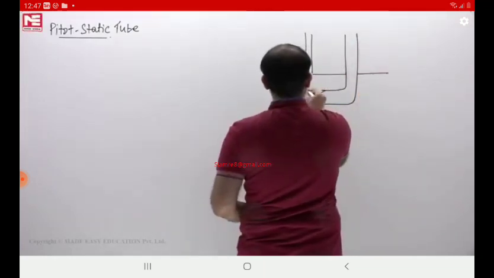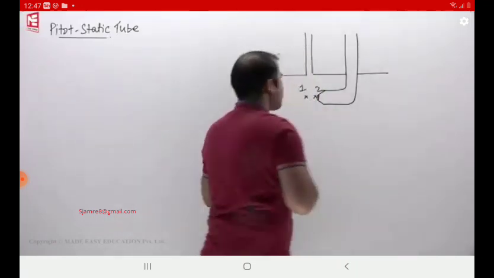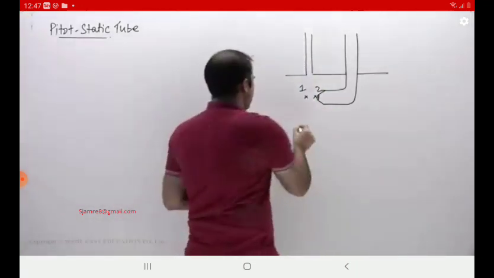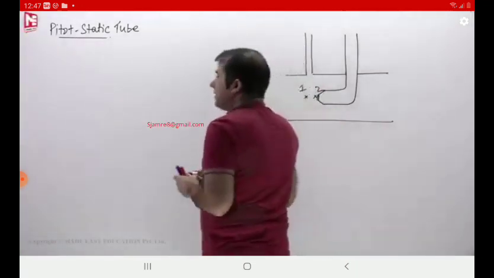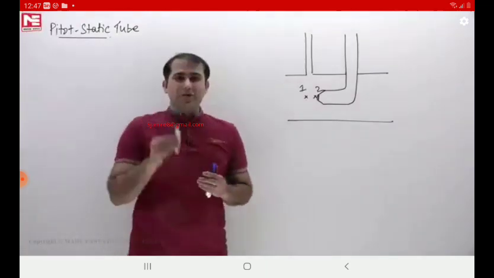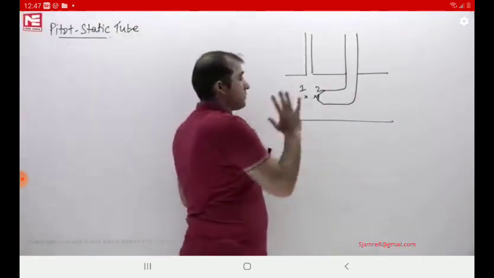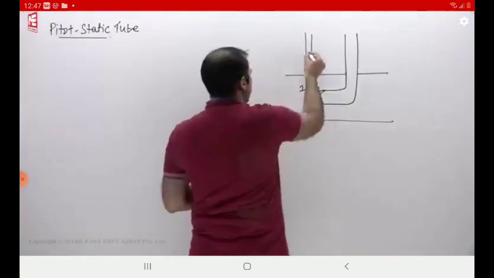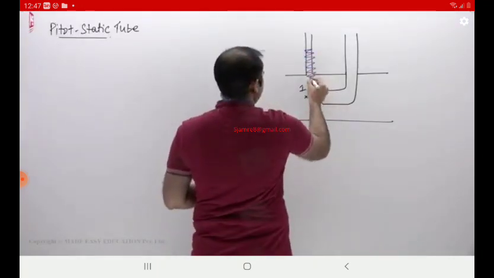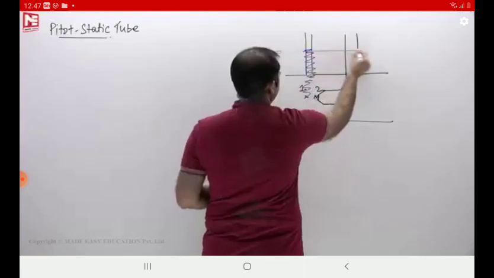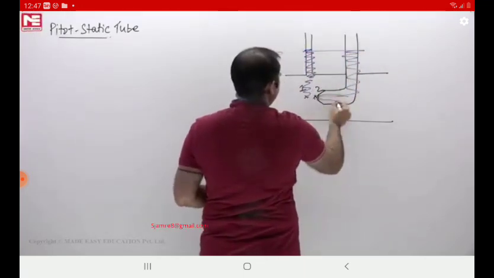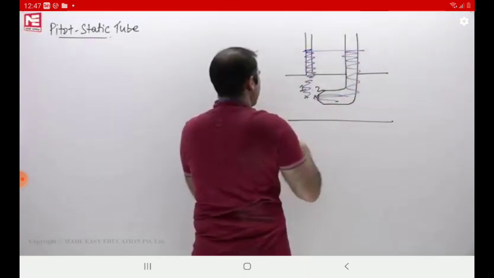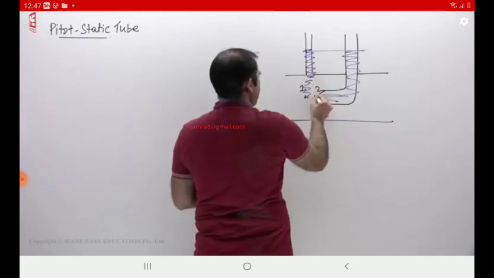Here we have this point 1, this point 2. This we have seen. Whatever we have discussed, फिर से नहीं बनाना आपको. Rough discussion is this. That's the pressure head here. Here the pressure head is same, but some more is there because the kinetic head will be converted here into pressure head.